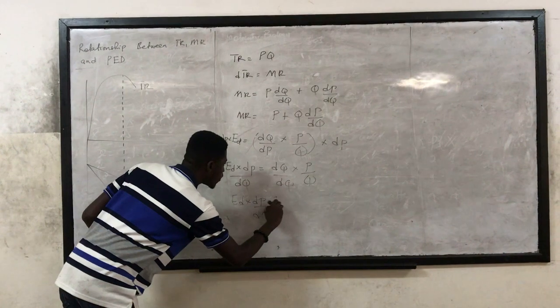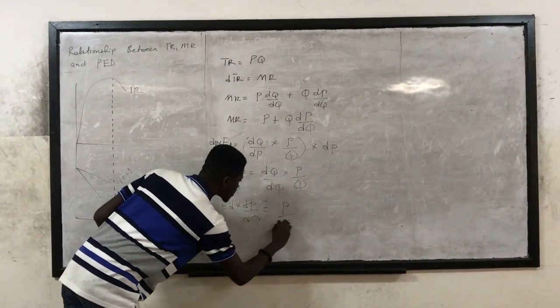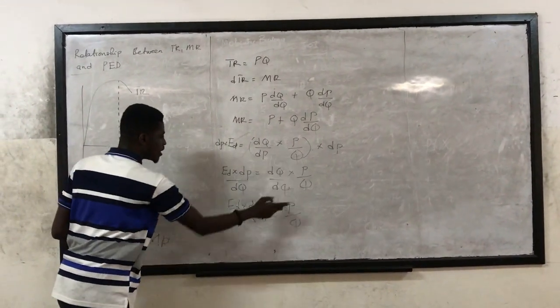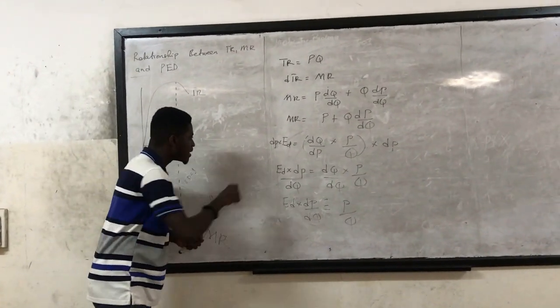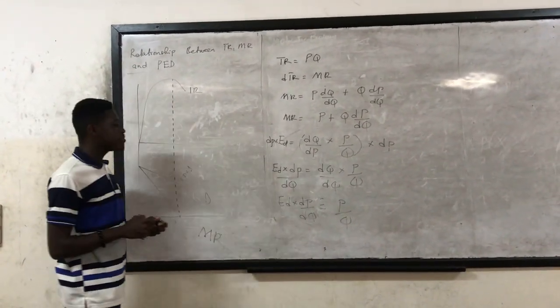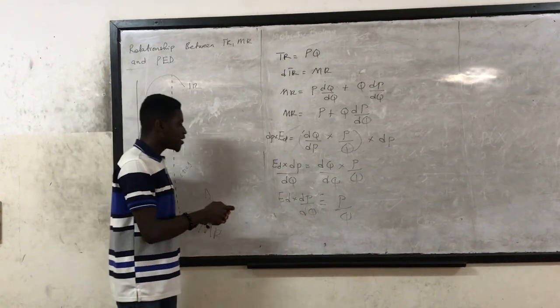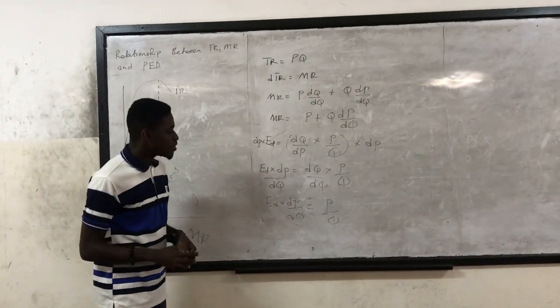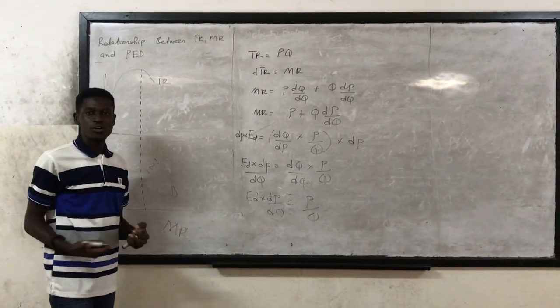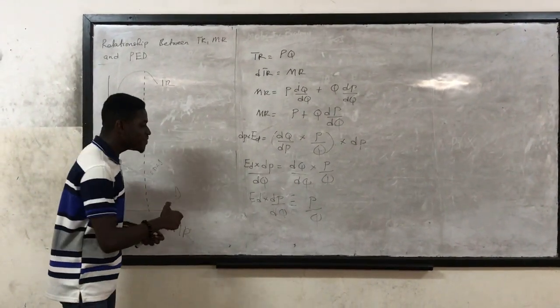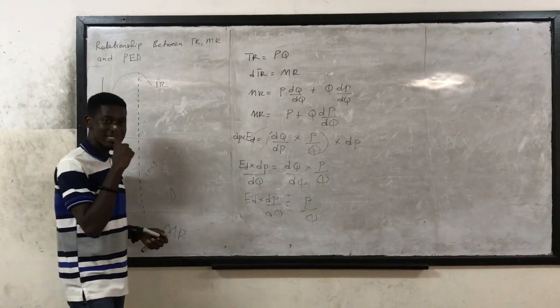So now we are getting elasticity of demand times dP over dQ is equal to price over quantity. Then dQ and the dQ will cancel out. Now we want to find dP over dQ. So what this means is that we have to divide through again by elasticity.